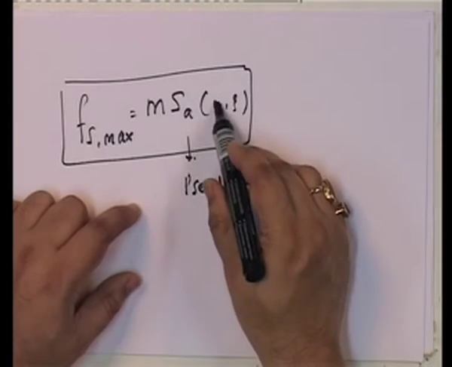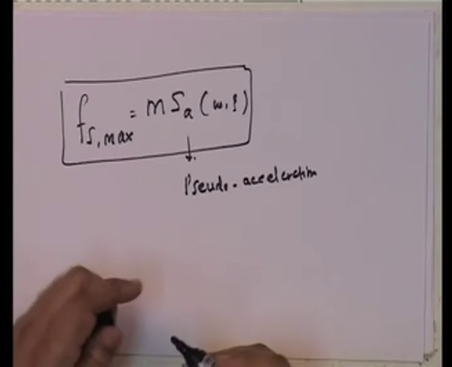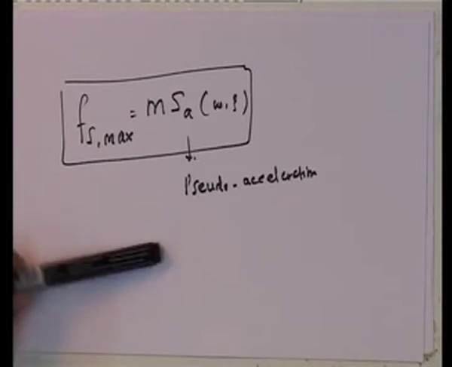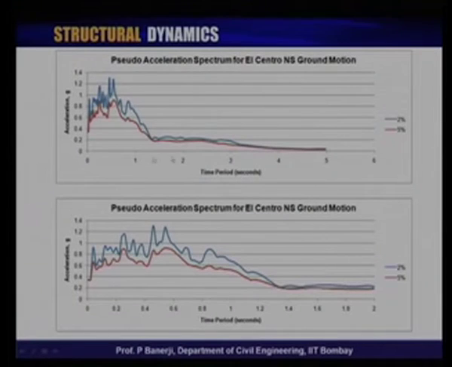And if you draw it with respect to omega or T, this is what it looks like. This is the pseudo acceleration spectrum, the entire thing. There are certain interesting things about this. This is across all time periods, and this is where you have taken the peak one and blown it up and shown it here.